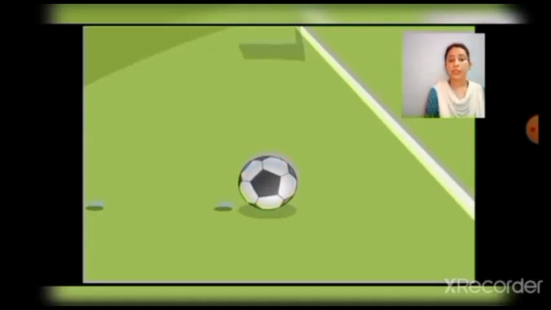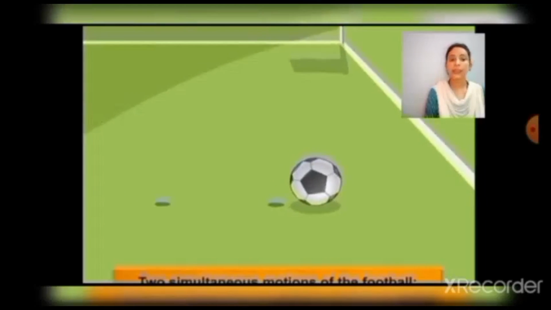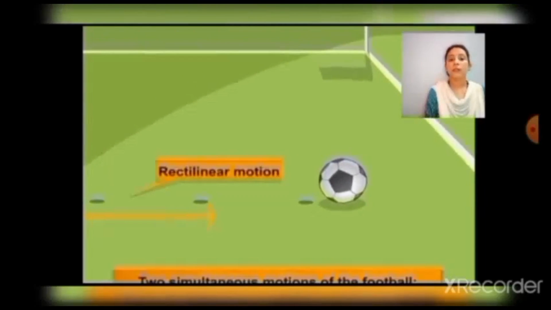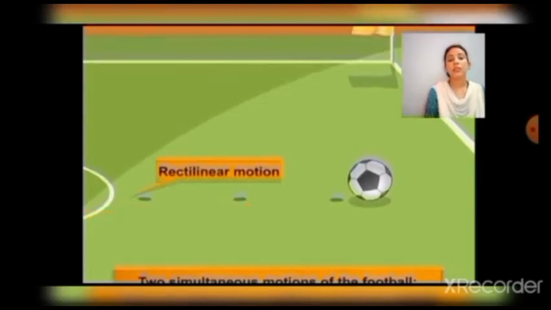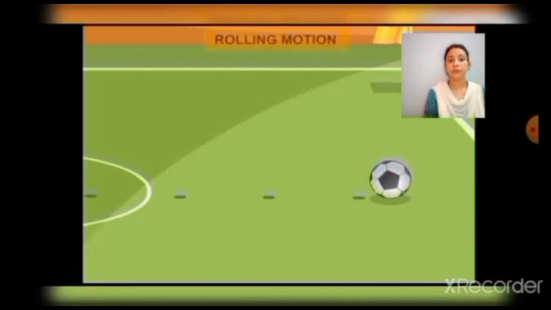So it means the ball has two types of motion simultaneously, that is rectilinear motion and circular motion. Such kind of motion is called rolling motion, a combination of rectilinear and circular motion.